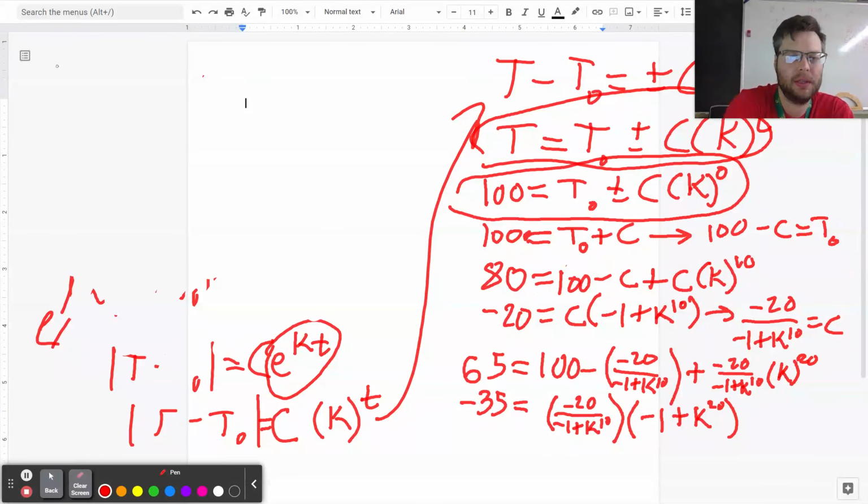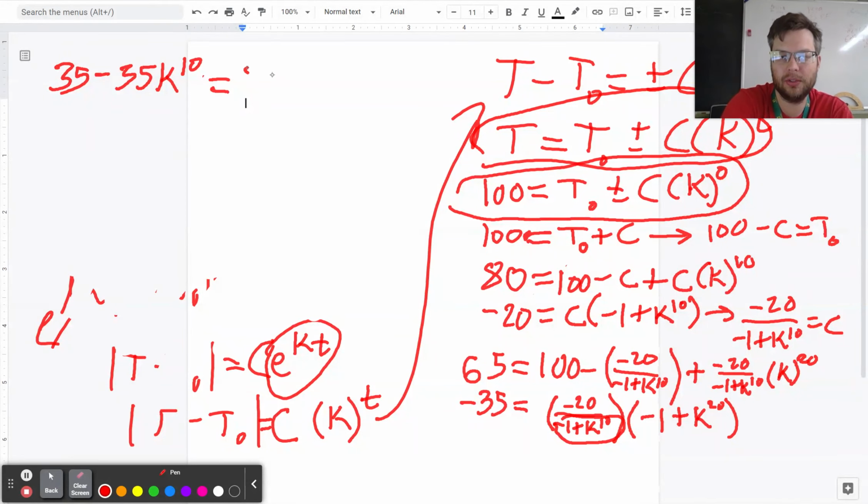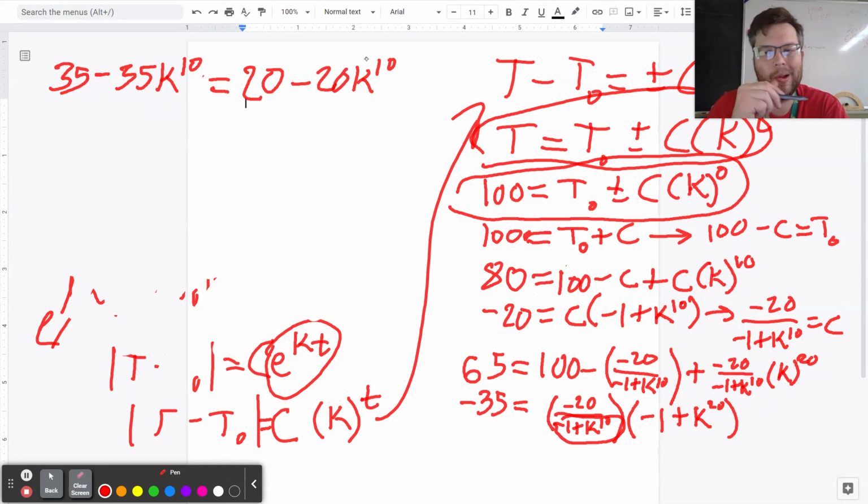So that's going to be positive 35 minus 35K to the 10th equals, and I'm going to distribute the negative 20. So that equals 20 minus 20K to the 20th over there.